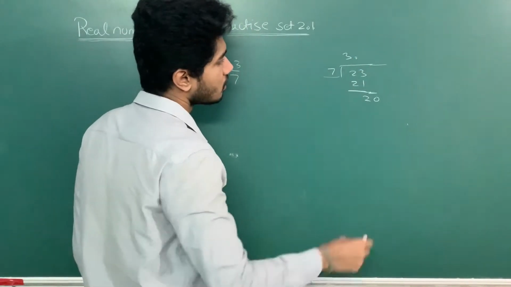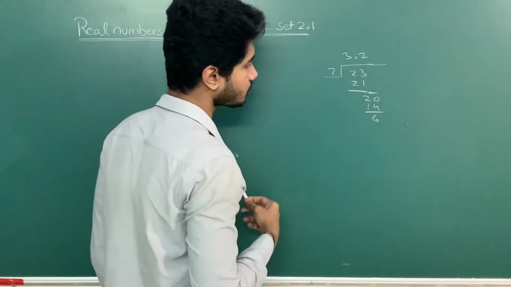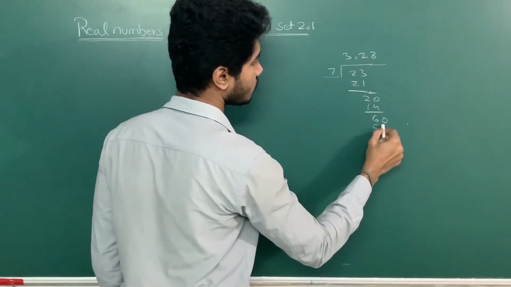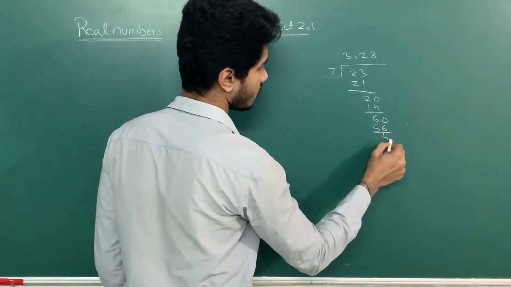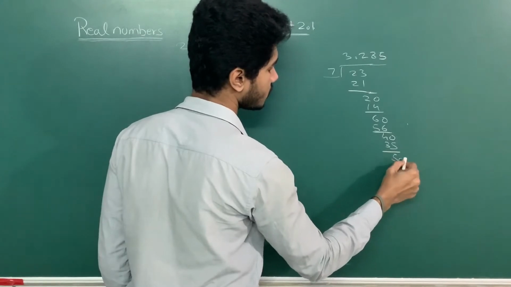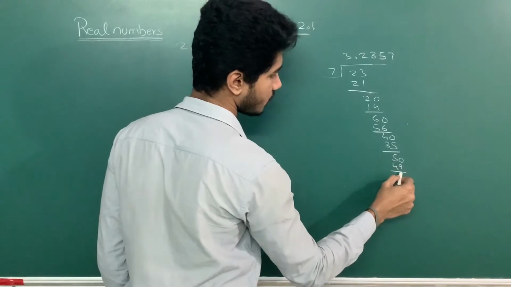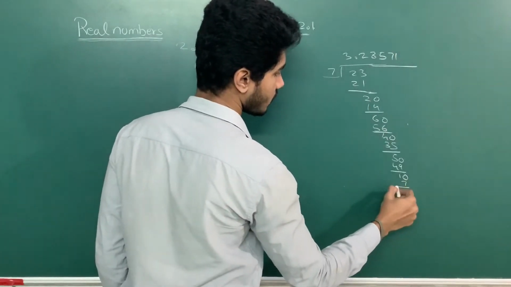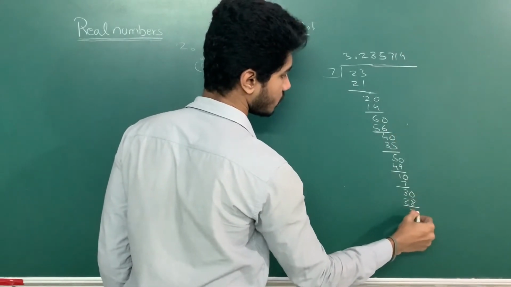Then you can take 2s, 14, you get 6, 0, take 8s, 56, then you take 4s, you take 5s, 35, 50, 7s, 49, then you take 1s, you get 10, 1s, you get 7, then you get 3, then you get 4s, 28, you get 20.